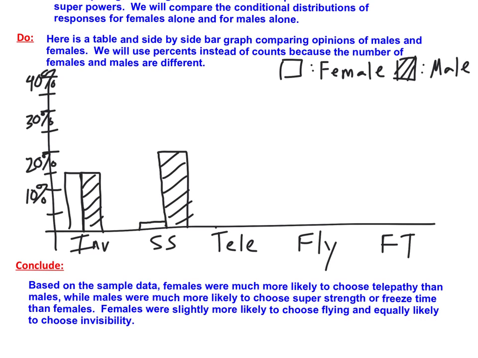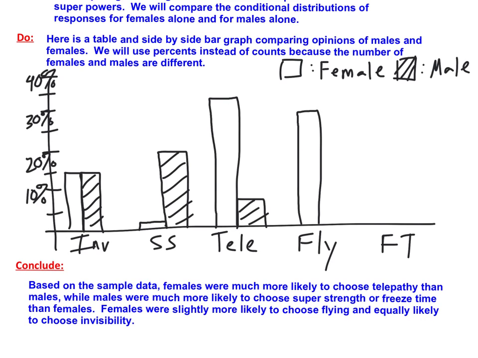Telepathy for females was way up to about 34%. And then males was only about 6. Hopefully you're seeing what, this is called a segmented bar graph. I'm hoping you're seeing what it can do as far as displaying information for a comparison between two groups.